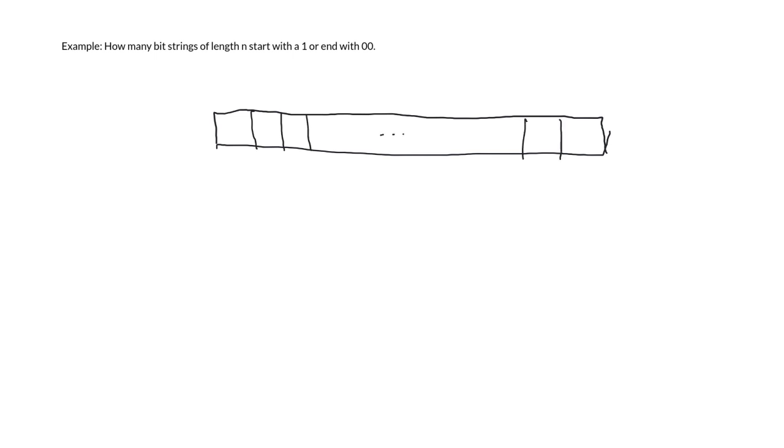Now, what we want to count, so these are n positions for all of the bits, and you know that there are 2 to the n many bit strings of length n. Now, we want to count those which have a 1 in the first place, or they have 2 zeros in the last two places. So let us first define two sets.